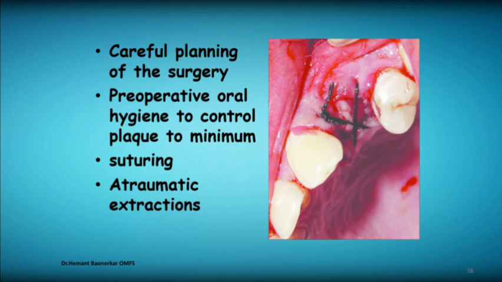After extraction, we also have to tell patients to keep oral hygiene good, like betadine cleaning at the extraction socket, or while eating he should try to eat from behind so the anterior extraction socket does not get involved with food particles.